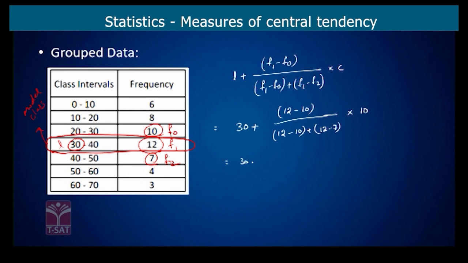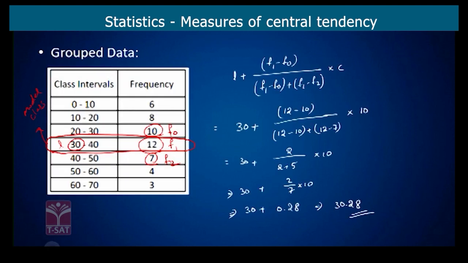This equals 30 plus 2 by 2 plus 5 into 10, which is 2 by 7 into 10. So 30 plus that value, 0.28. Our mode will be 30.28.